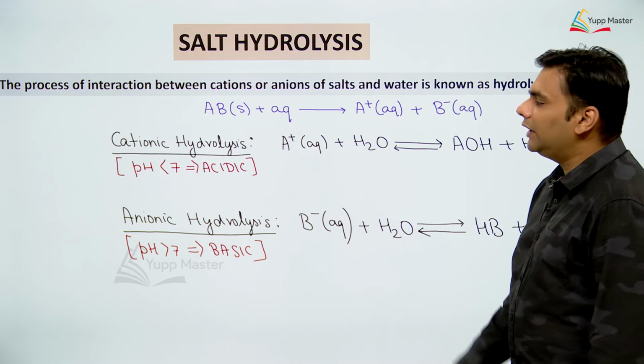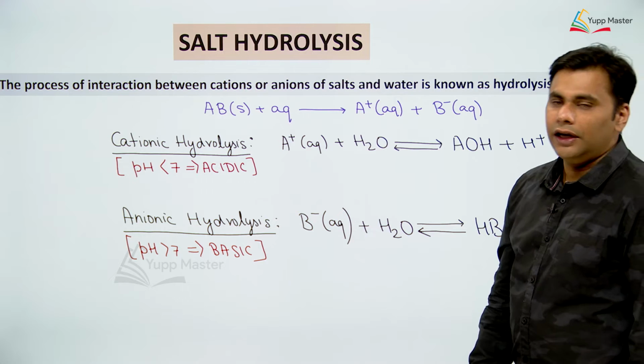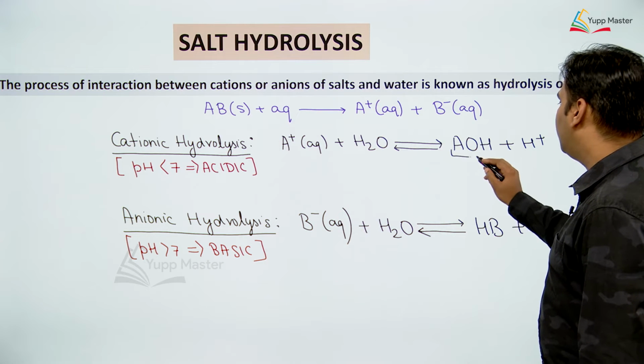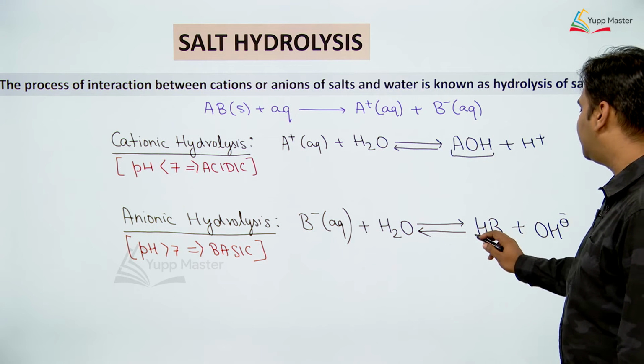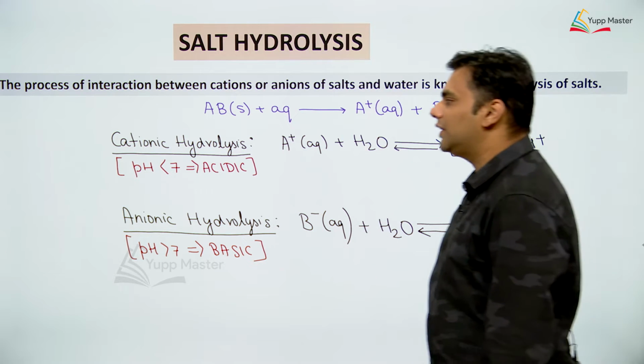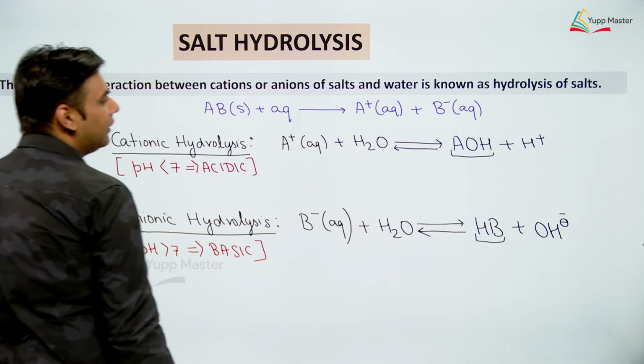So one important thing which you should understand over here, when the cation is undergoing hydrolysis, it is forming AOH. Now we know that AOH is a base, and when the anion is getting hydrolyzed, it is changing into HB. Now HB is an acid. Now these acids or bases should be weak ones.